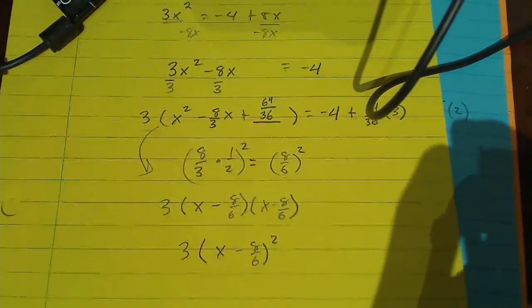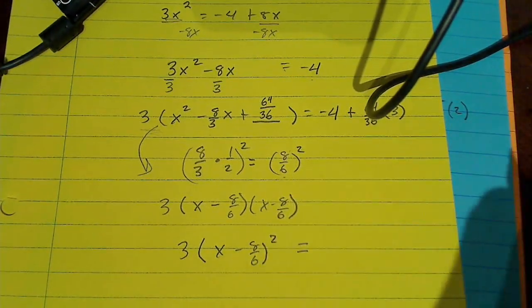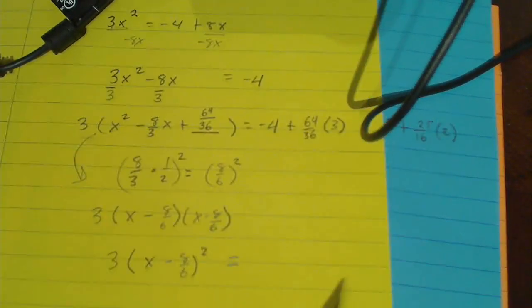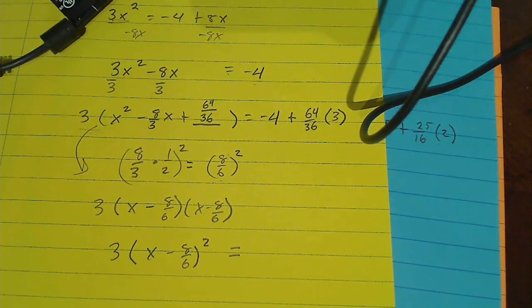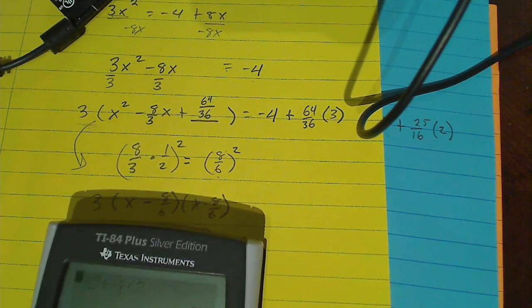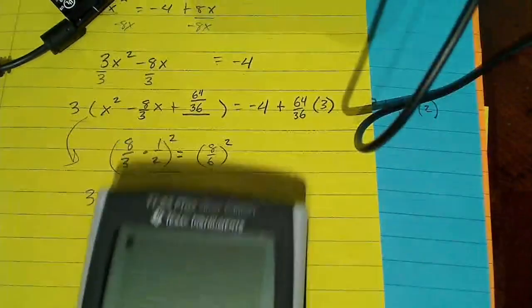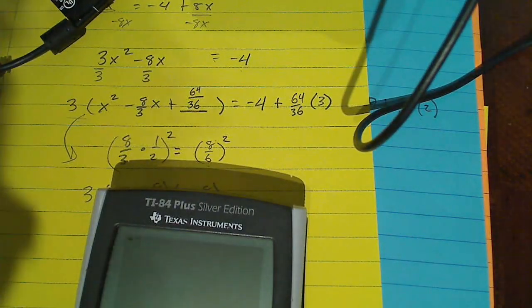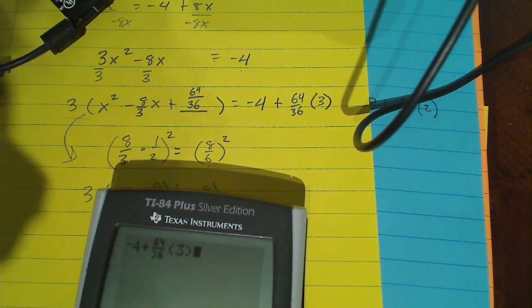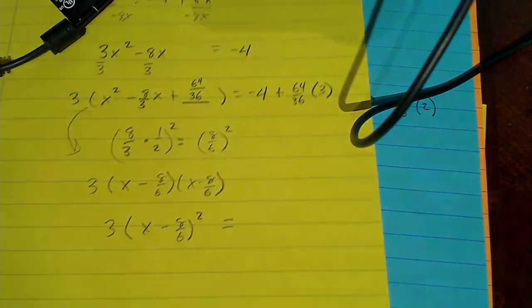And then on this side is all of this, plus 64 over 36 times 3, which is 4 over 3.